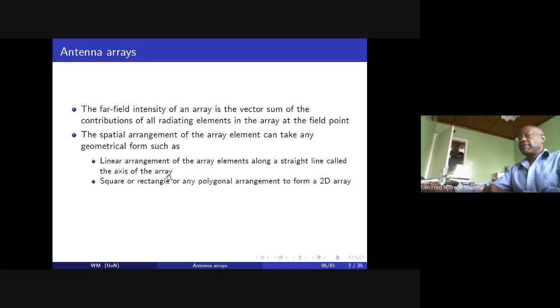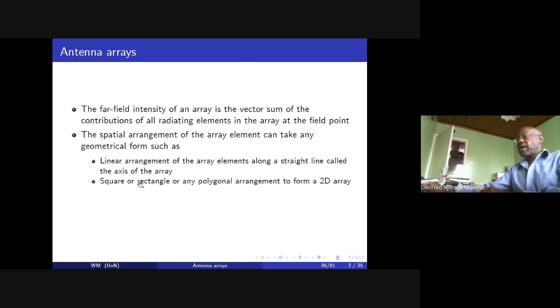So for example, a dish reflector that we have can be treated as an array when we introduce the concept that the reflected energy can be treated as being radiated by small elements of surface over the whole reflector, and therefore it will form an array there.